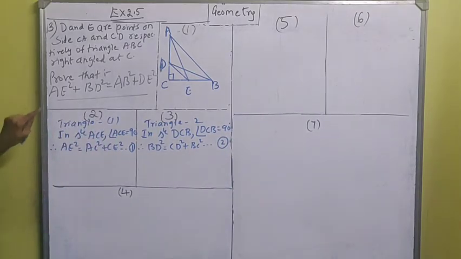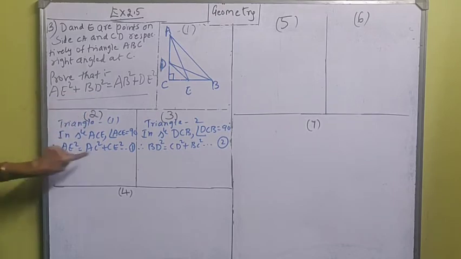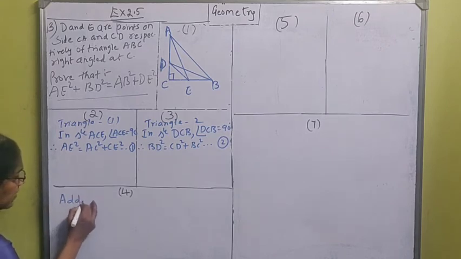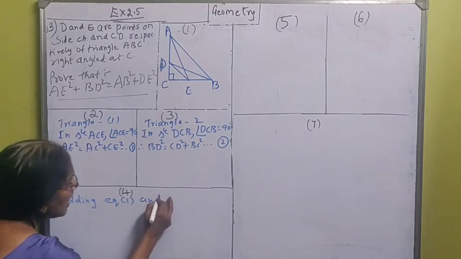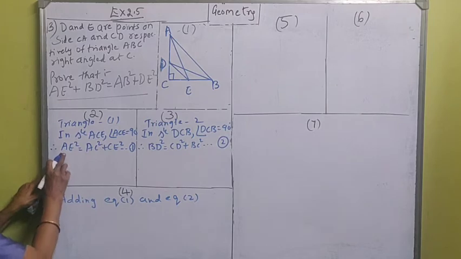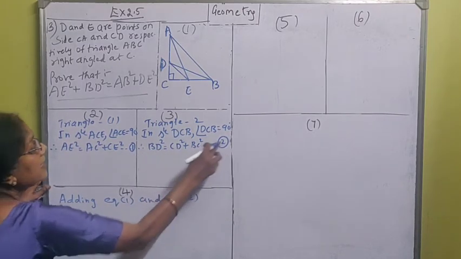Now, what he has given is AE square plus BD square. So we have to add the first equation and the second equation. Adding equation 1 and equation 2: the left hand side is AE square in the first equation, and BD square in the second equation.